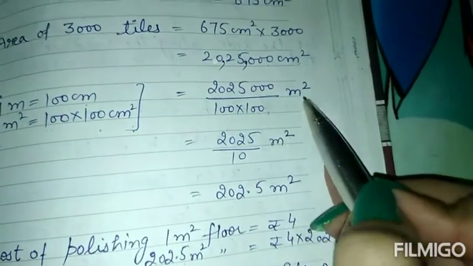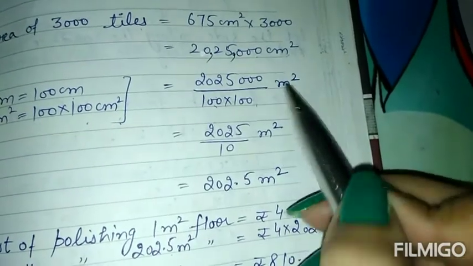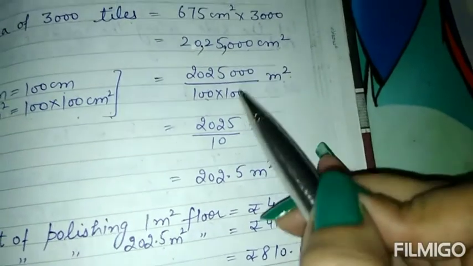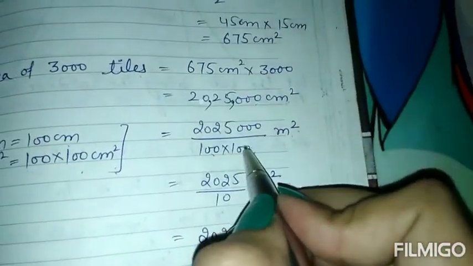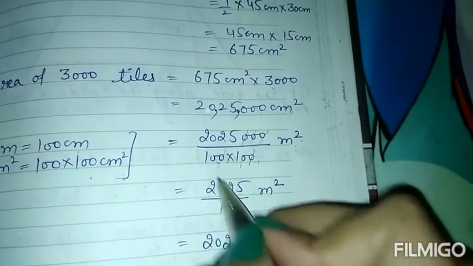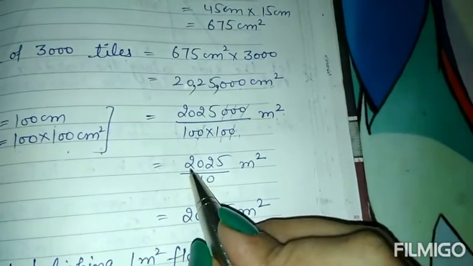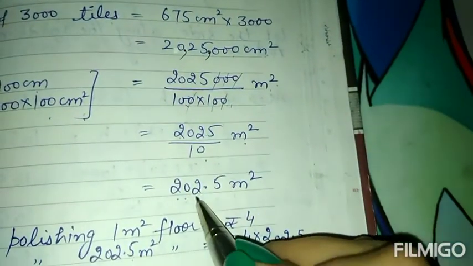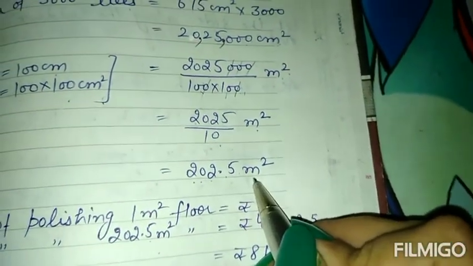So we will divide it with 10,000 or you can say 100 into 100 to change it into meter square. When you solve it, you will get 2025 by 10 meter square or 202.5 meter square.